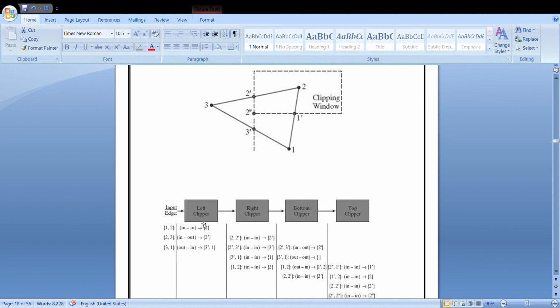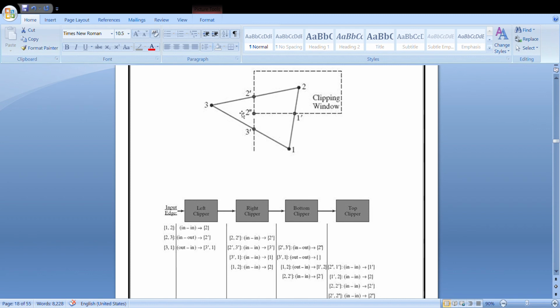So this is a case of in to in, that is from the inner boundary to the inner boundary only. So nowhere do we have to clip our point. And the next is consider the line 2 to 3. See, your line is moving in this way: 1 to 2, 2 to 3 and 3 to 1. This is the order of your vertices.